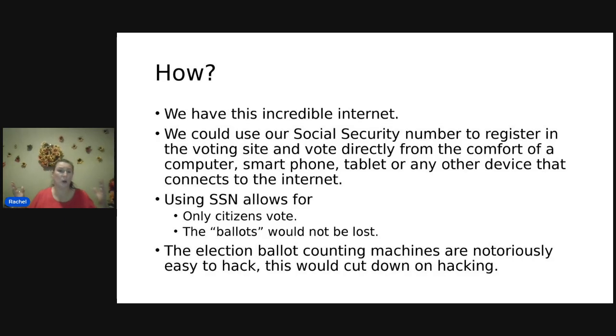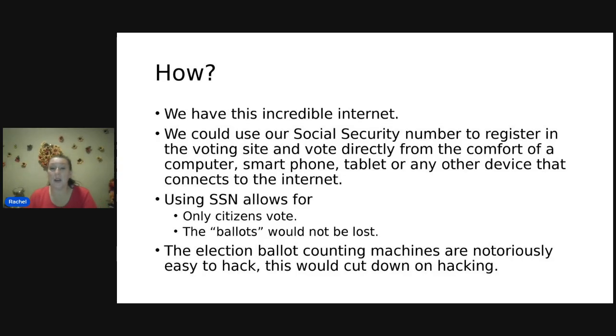I don't see why in the future this is not possible. Use our social security number to register on the site and then vote from our computers, our phones, our tablets, or whatever. That only allows a citizen to vote, and the ballots wouldn't get lost because they're going directly to a central system, and it uses blockchain. And we would want to make sure it's secure.